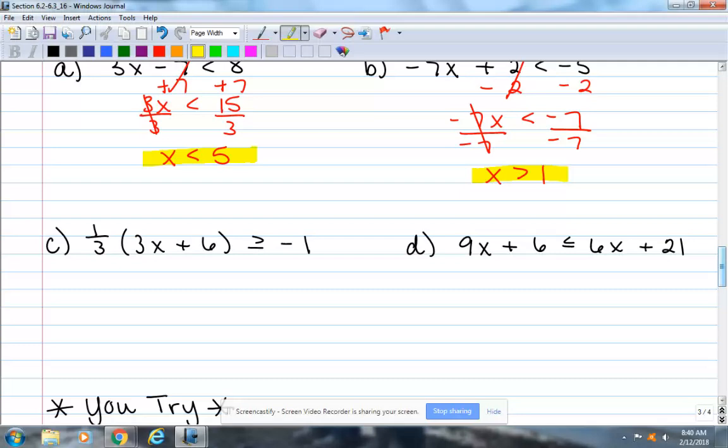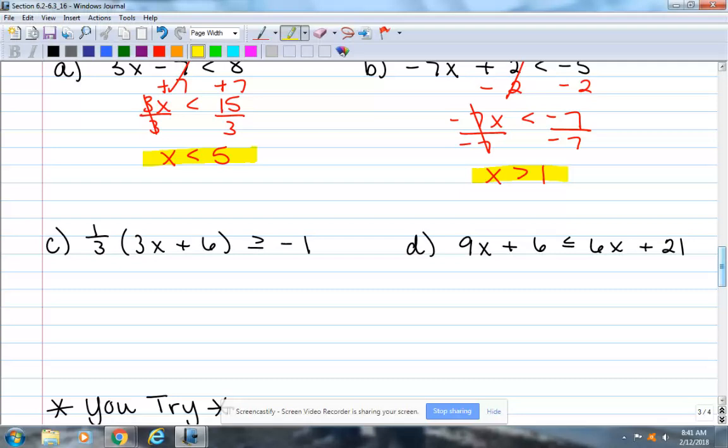If they were not divisible by 3, y'all remember the trick we did in chapter 3 to get rid of the fraction? Yeah, you multiply both sides by its reciprocal, right? So you multiply this by the reciprocal and they would cancel out, and multiply this by the reciprocal. Okay? But since they're both divisible by 3, I would go ahead and distribute it.